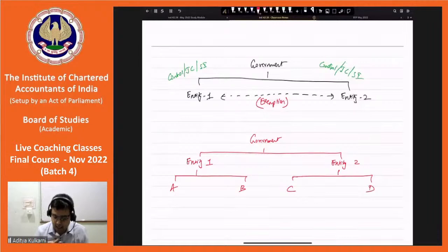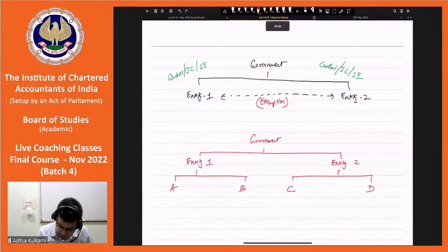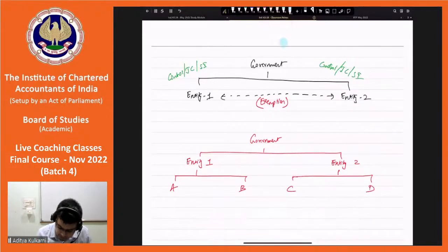Okay. So therefore, all these parties, that is entity 1, 2, A, B, C, D, are able to enjoy the exemption. Why?